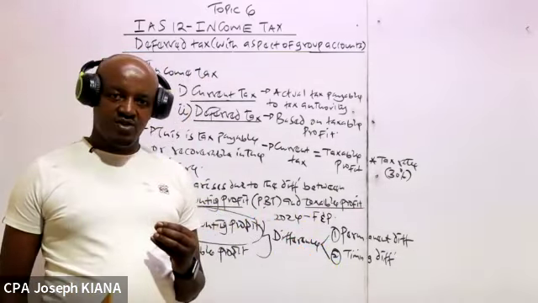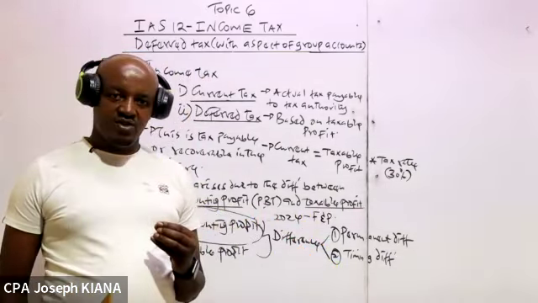Timing difference, on the other hand, is the difference between accounting profit and taxable profit which arises due to taking into account items of income and expenses in the computation of both accounting profit and taxable profit, but in different accounting periods.